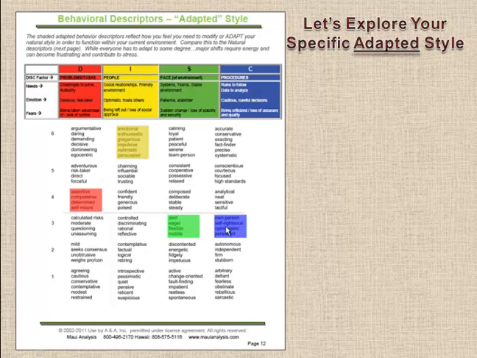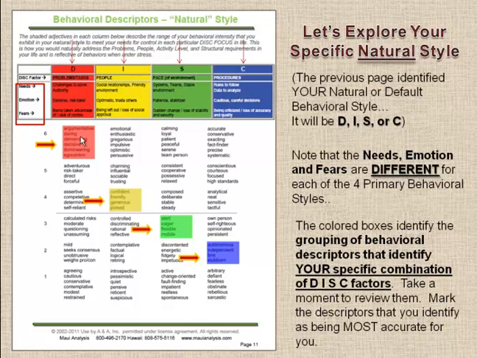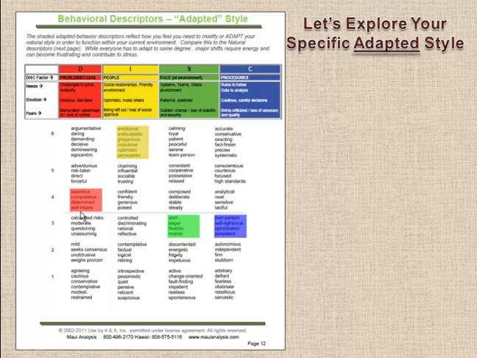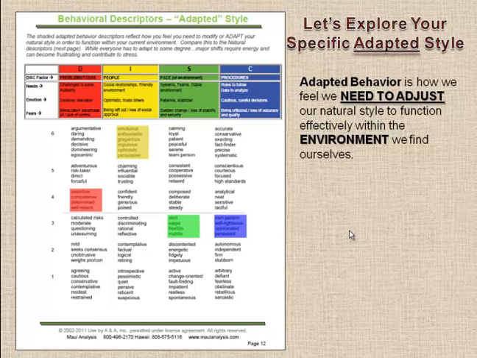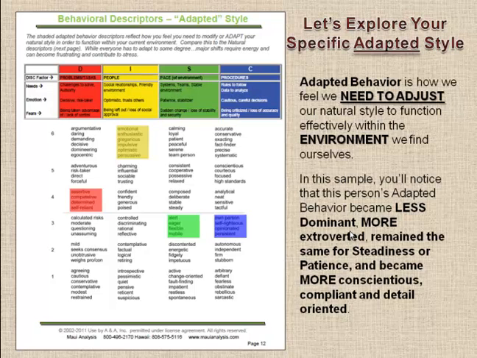So you'll notice that this individual's dominance was here in his natural style, but in his adapted style, it went down. His extroversion went up, so he's feeling in his particular environment that he has to become less assertive and more outgoing. Very, very valuable, very easy for you to view the differences between your natural style and your adapted style.